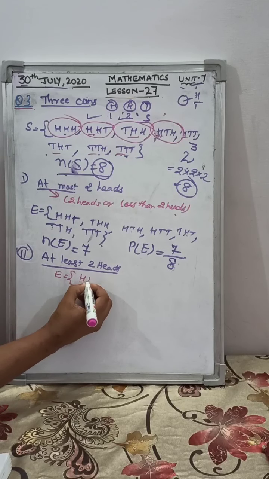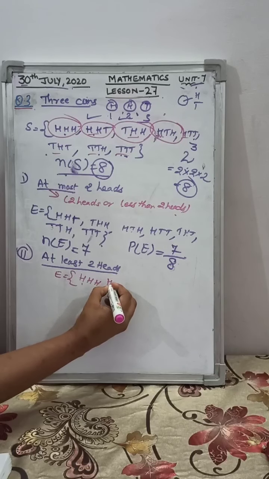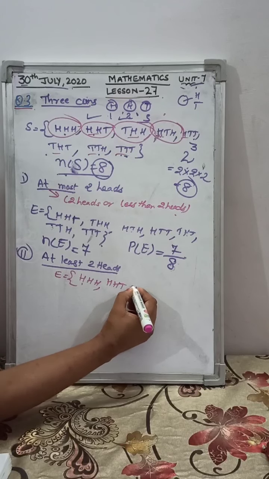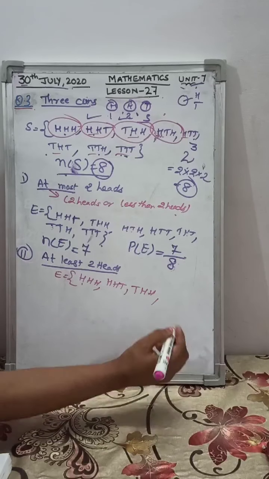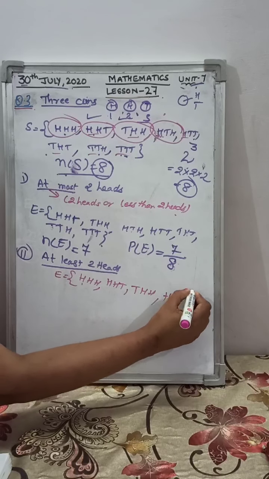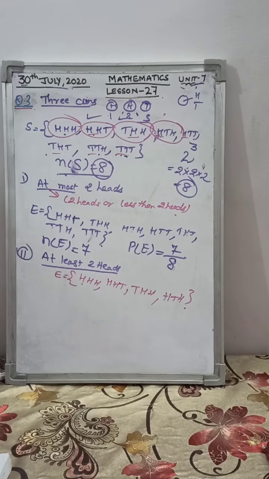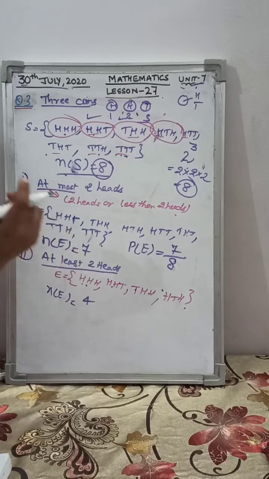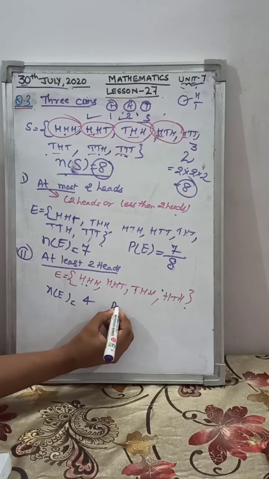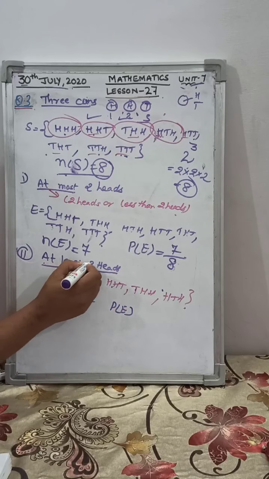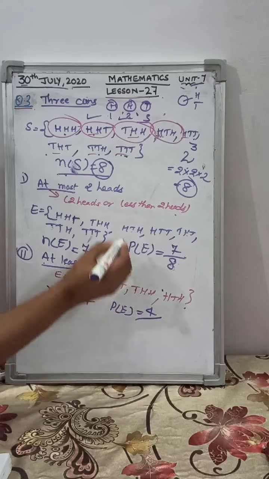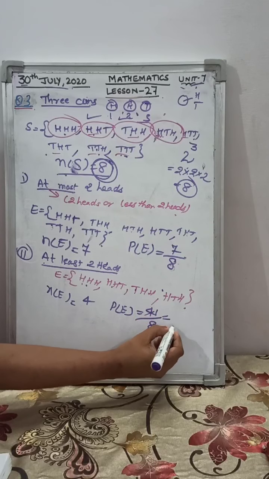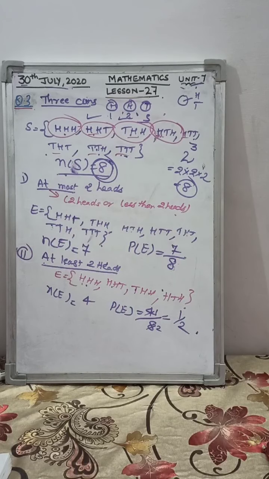So the elements will be 3 heads, 2 heads on the first 2 and the third one is having the tail, the first is having the tail and other 2 are having the head, the first and the third are having the head and the second one is having the tail. So the number of elements in the event will be 1, 2, 3, 4. So the probability of getting at least 2 heads is 4 upon the total elements in the sample space, 8. When you cancel it, the probability will come out to be 1 by 2.